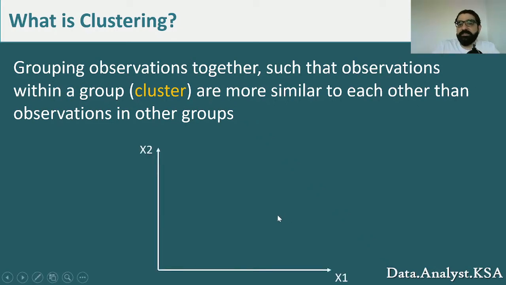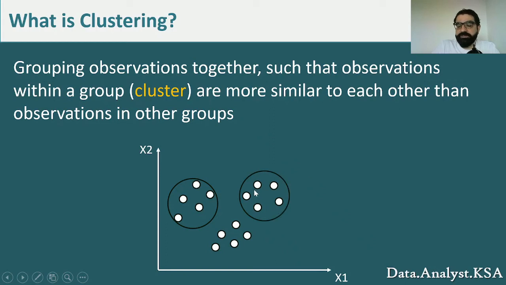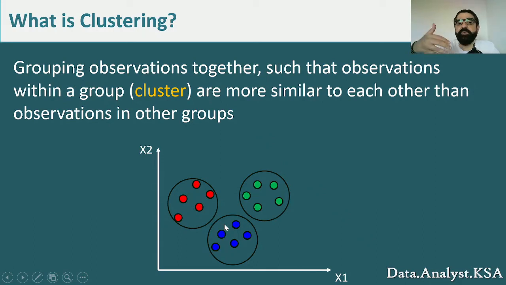So let's envision this in a 2 covariates case, in a 2-dimensional variable case. So if we have a bunch of observations on x1 and x2, and as we said, these do not have any labels, they do not have anything except the x1 and x2 value, and they are scattered like this, we might think that these are more similar to each other, these are more similar to each other, these are more similar to each other, and hence we can infer some clusters that we create as an outcome of the clustering.